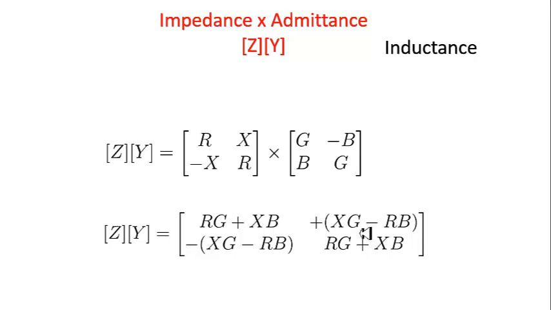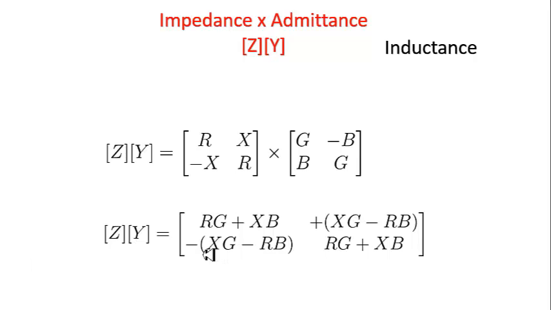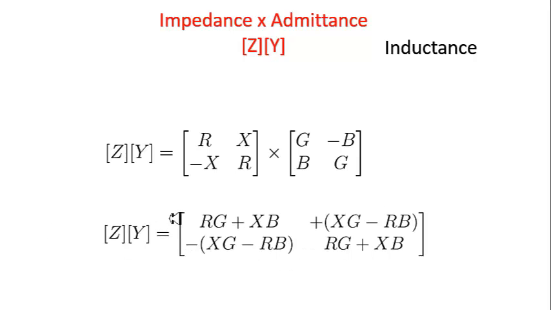So what I did here was I grouped these just to show. So I rearranged this to be minus XG minus RB, which is positive RB minus XG. But when you see it this way, you can clearly see that the component in brackets is the same, and you have positive here and negative here.